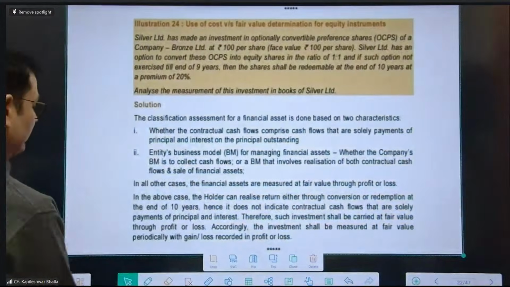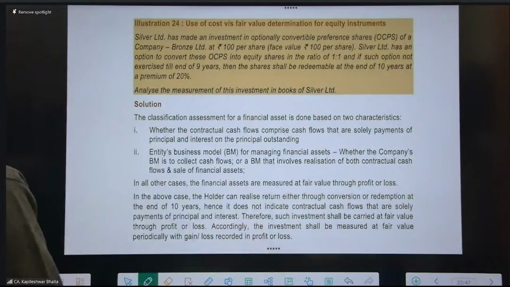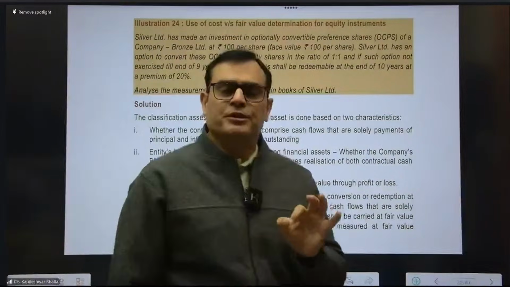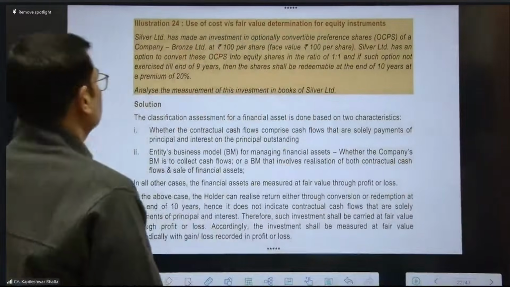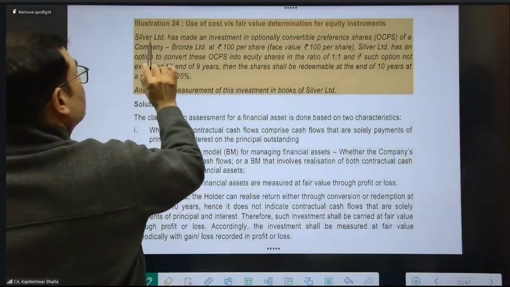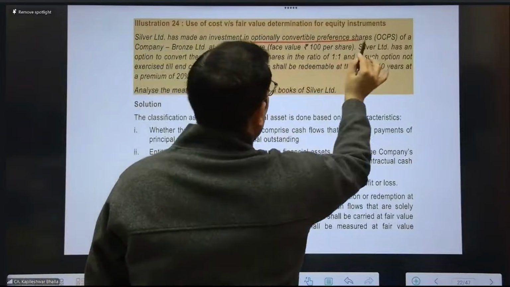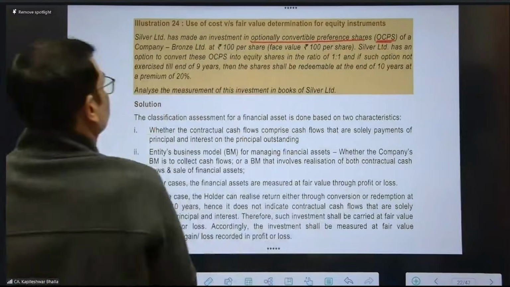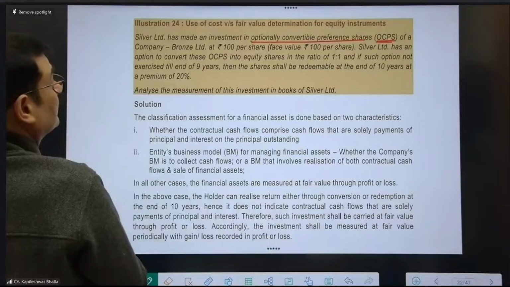Now, let's have a look in this particular case. Illustration number 24. I think you were talking in terms of something which is optionally convertible, so this partially answers your question. It says Silver made an investment in optionally convertible preference shares, OCPS, of Bronze Limited at 100 per share with a face value of 100.